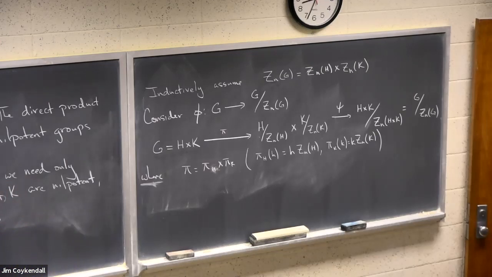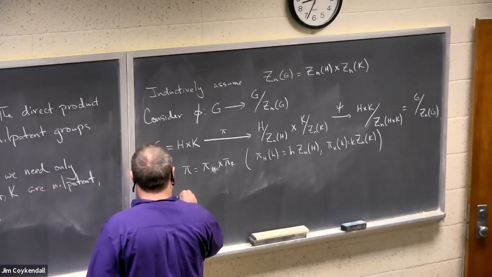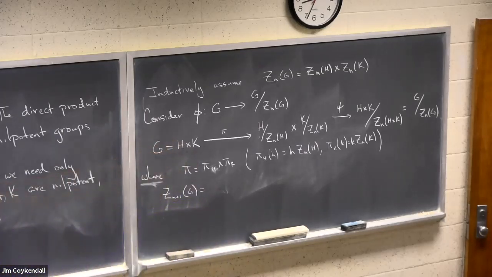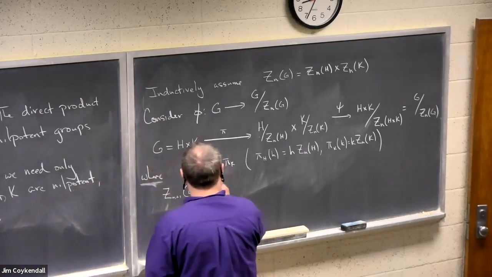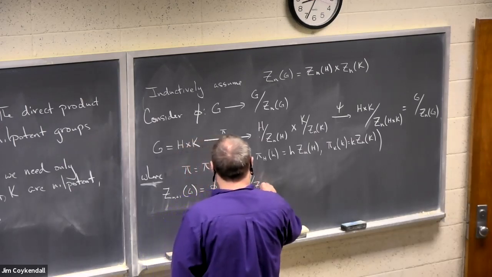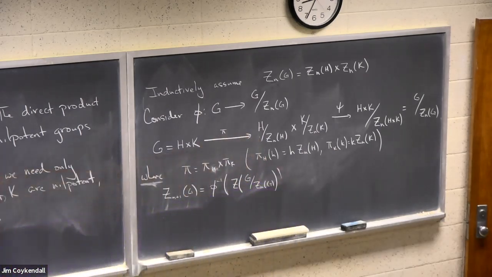So if you look at Z_{n+1} G, this is equal to phi inverse of the center of G mod Z_n G, which is the definition.